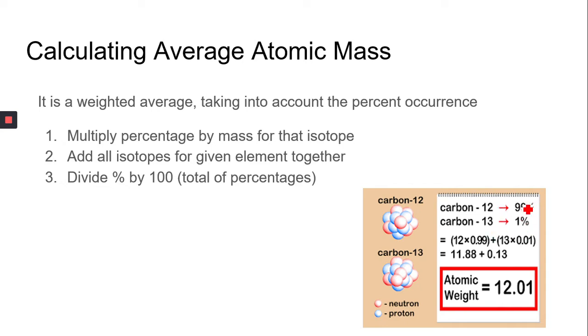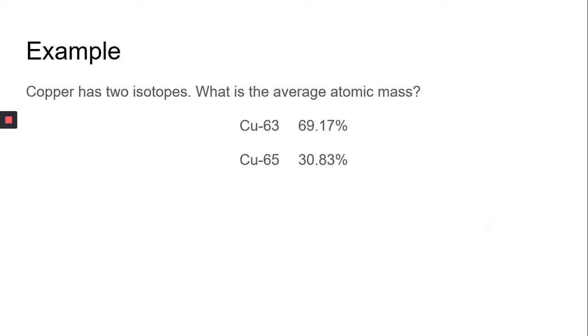So you would take that mass and multiply it by the percent, so 12 times 99, 13 times 1, add them together, and then divide by 100, because we don't want a percentage. So again, multiply, add each of them together, and then divide by 100.